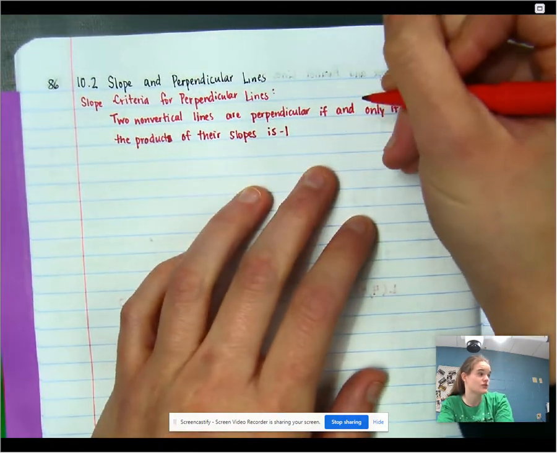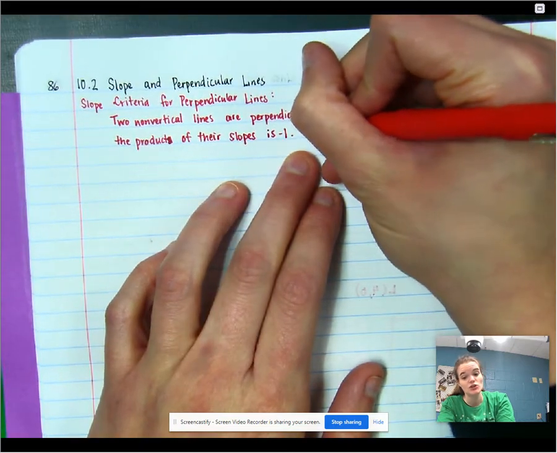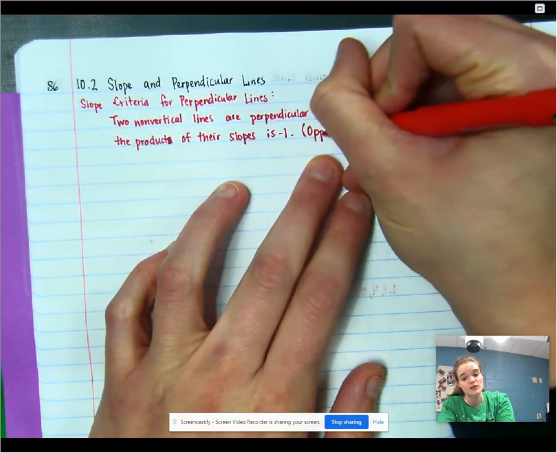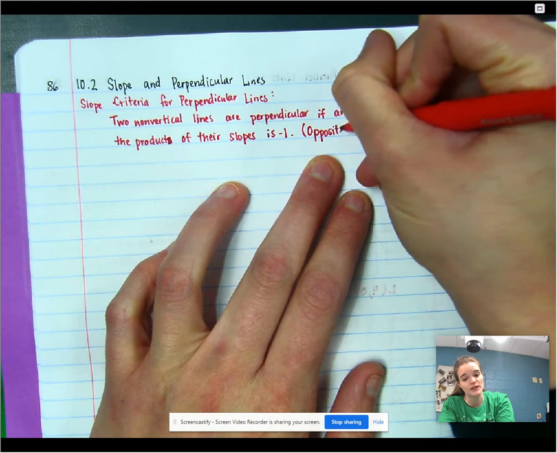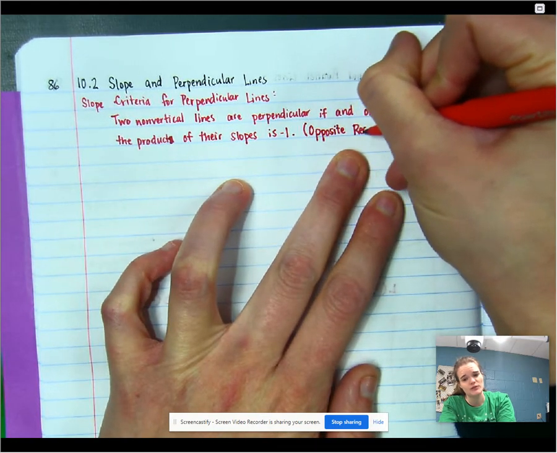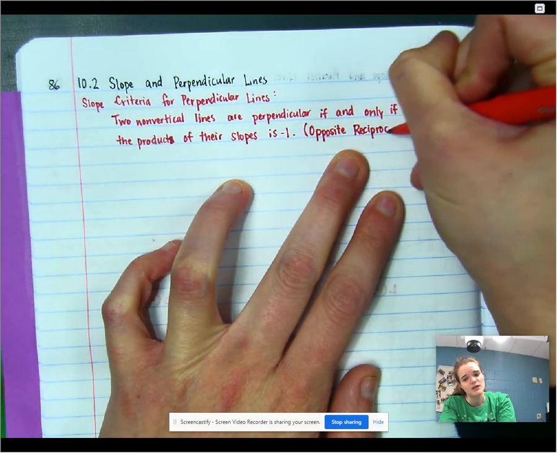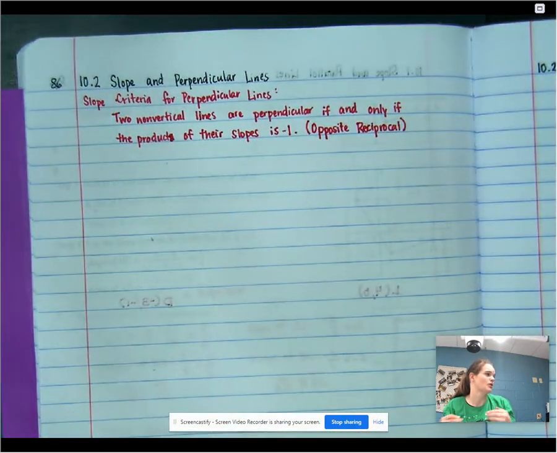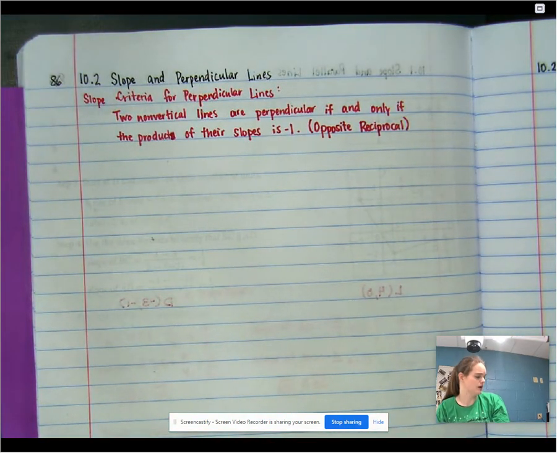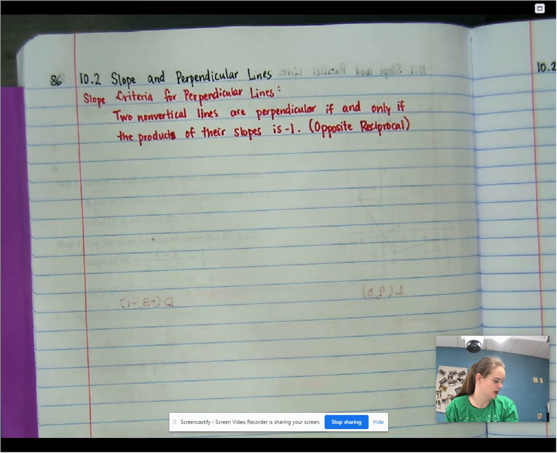Now, what you're used to seeing is not this. You're used to seeing that they're opposite, meaning one's positive, one's negative. Reciprocal, meaning they're flipped, okay? But opposite reciprocals, when you multiply them together, is -1. That's where that idea comes from, okay?